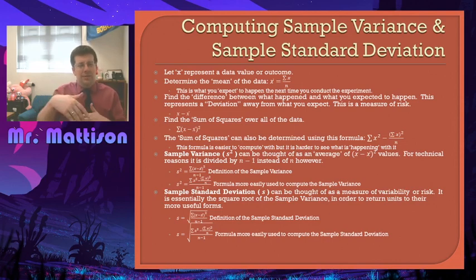And you're going to do that for literally every single point in your data set. So if you have 30 different things from your sample, you take all 30, one at a time: that sample minus the average, that sample minus the average. You do that for every single one of those. Once you've done that, we want to square them, so we're going to take them to the second power.